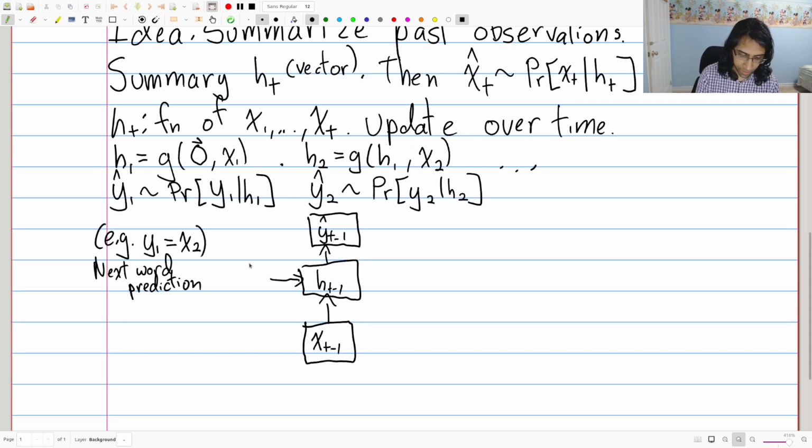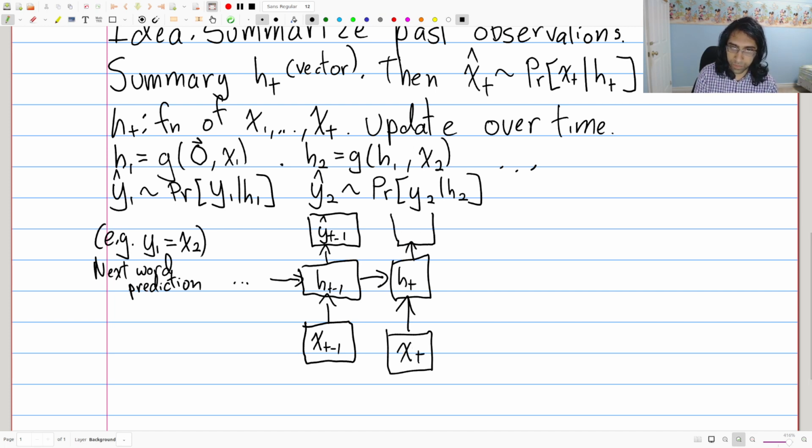And coming from here, we have previous things. Hopefully this makes sense. There are these elements of the sequence, x1, x_t, and so on. It's a variable length sequence. It could be short, it could be long, it depends.